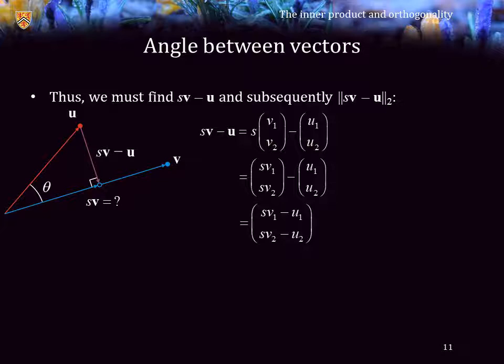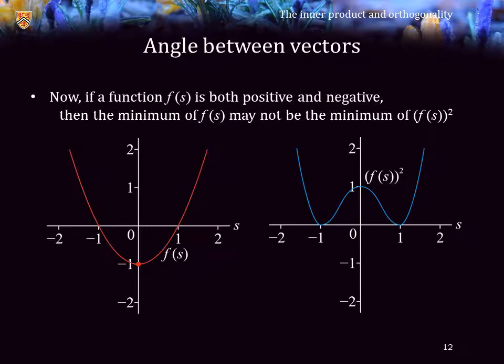Alright, so now we have s times v minus u, and we can calculate the 2 norm. We want to minimize that 2 norm, and the problem is, unfortunately, that 2 norm also includes a square root. However, we're going to go back to secondary school to solve this problem.